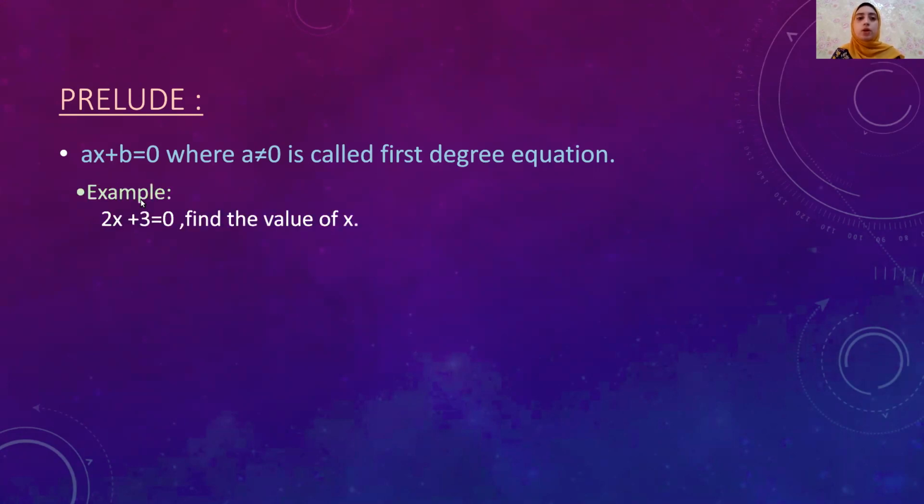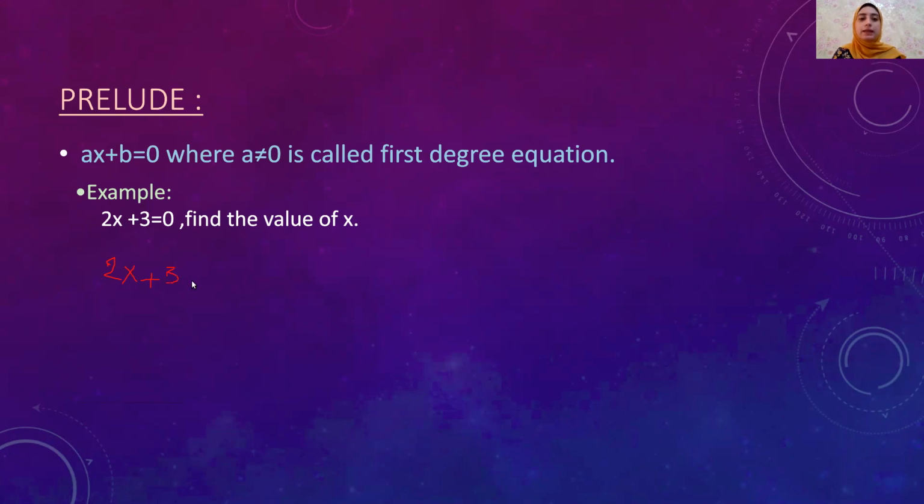Okay, for example, when I have 2x plus 3 equals 0, I want to find the value of x. How can I find the value of x? Well, in this way we have solved it before, by adding the additive inverse to both sides. 2x plus 3.